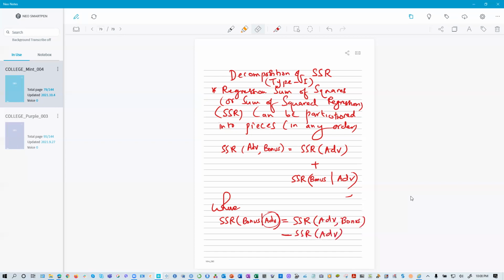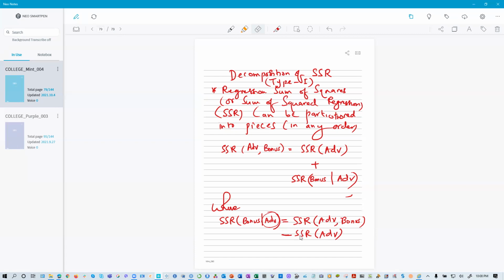That's how they calculate. This tells us something very clearly: to calculate this, you need multiple regression as well as simple linear regression running, and their difference.